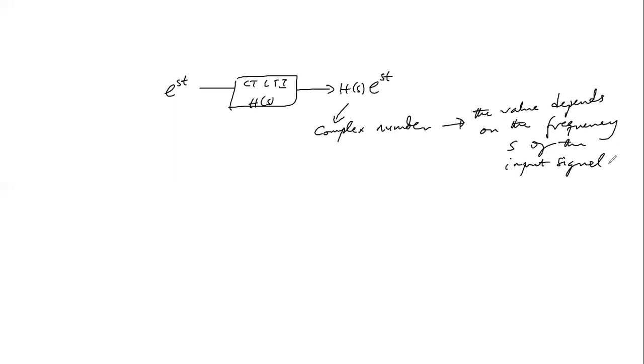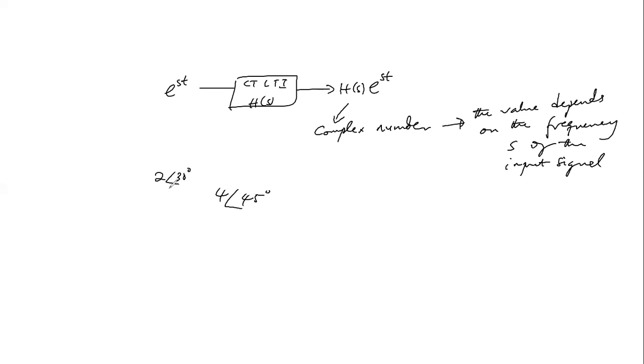Now, if you multiply a signal by a complex number, what will you get? What happens? Let's assume we have a signal 2∠30° and another signal 4∠45°.